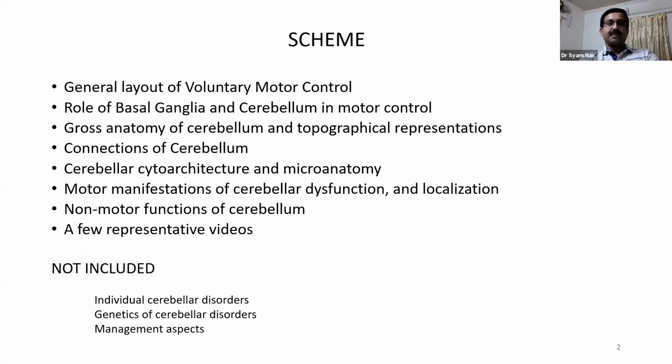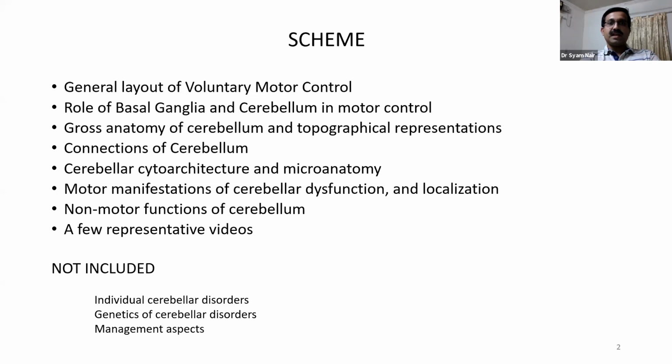We will discuss this topic of cerebellar anatomy and localization under the following headings. One, a general look at the layout of voluntary motor control. Then the role of basal ganglia and cerebellum in motor control, because you cannot discuss voluntary movements without mentioning the basal ganglia.